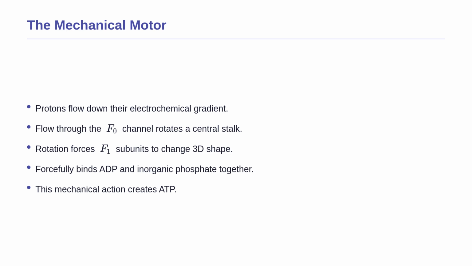This rotation forces the F1 subunits to change their three-dimensional shape. As they shift, they forcefully bind adenosine diphosphate, or ADP, and inorganic phosphate together. This mechanical action creates adenosine triphosphate, or ATP. It is a beautiful translation of physical movement into chemical energy.